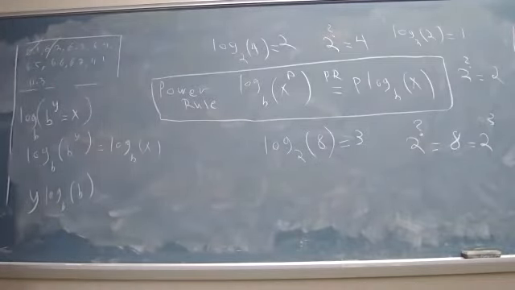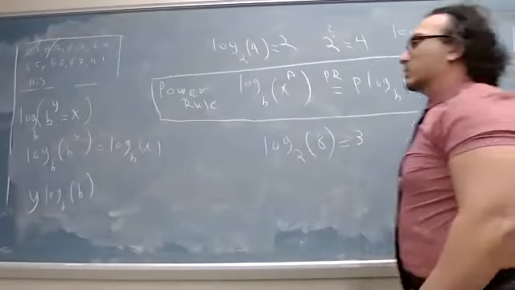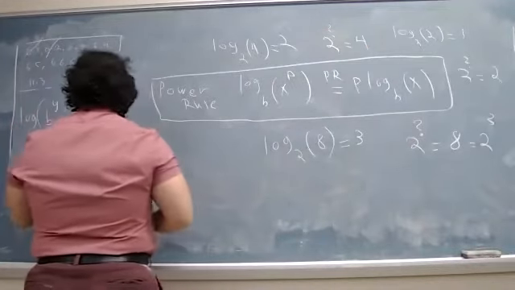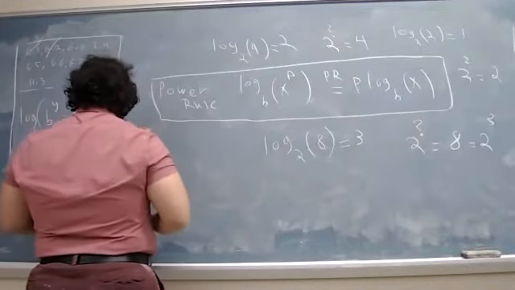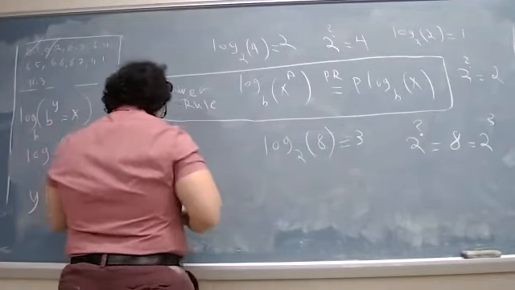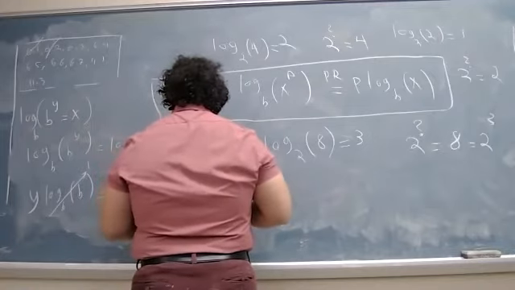And then, like over here, log base 2 of 2 is 1. Log base b of b is 1 as well, because b raised to the 1st power is equal to b. So this whole thing is 1. So 1 times y is just y. So we get y is equal to log base b of x.